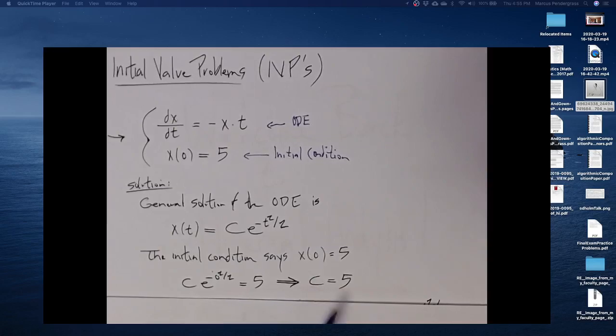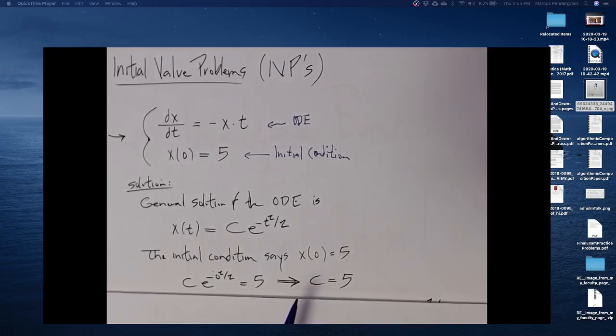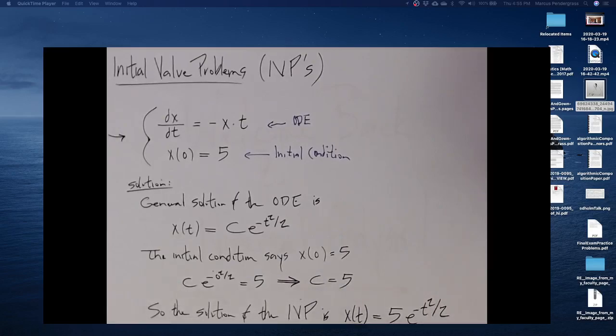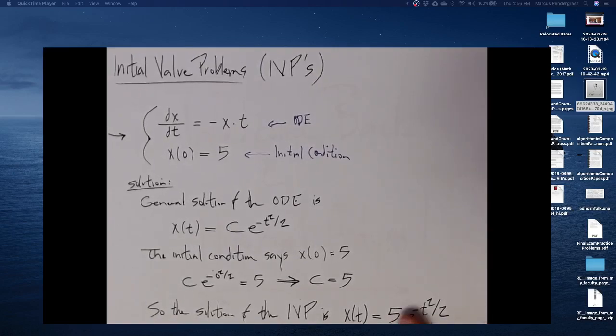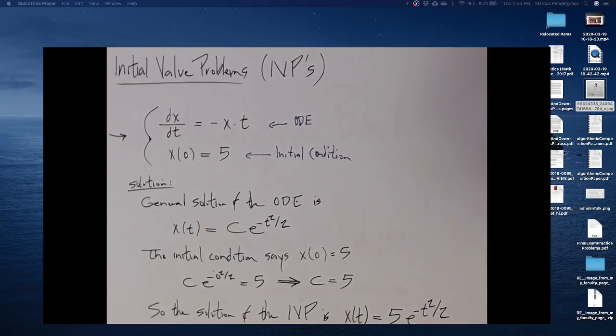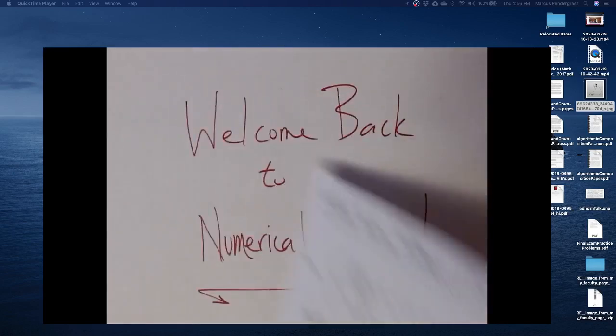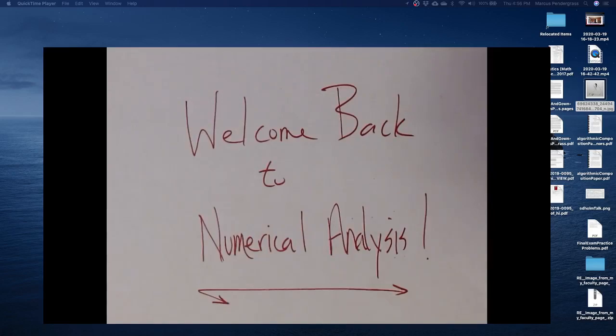And that enables me to solve for c. I see that c has to be 5 in order to satisfy the initial condition. And so the solution to the initial value problem is x equals 5 times e to the minus t squared over 2. So initial value problems typically don't have that constant of integration associated with them because you use that constant to satisfy the initial conditions.